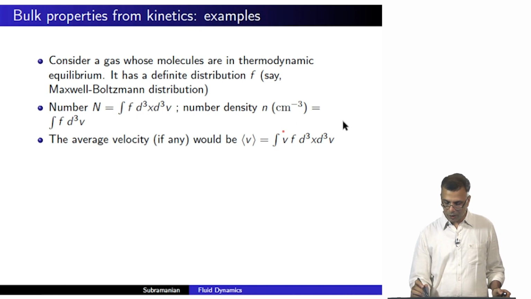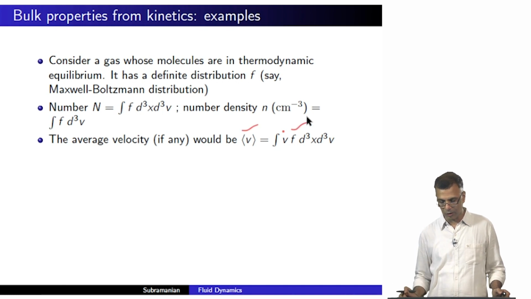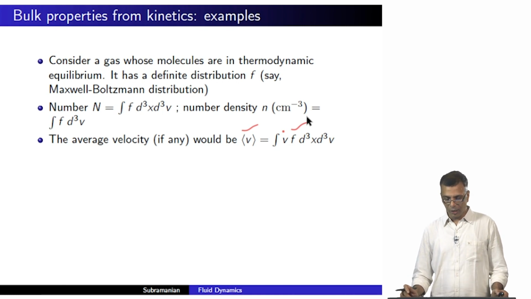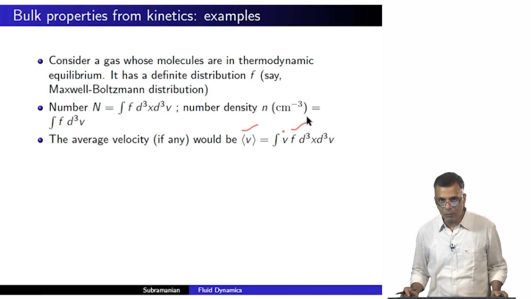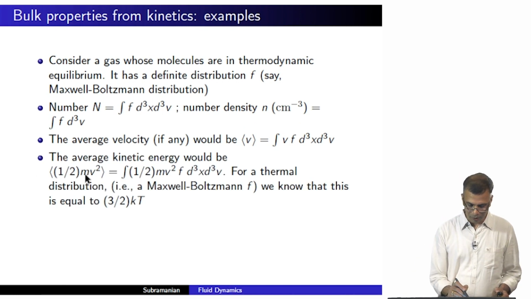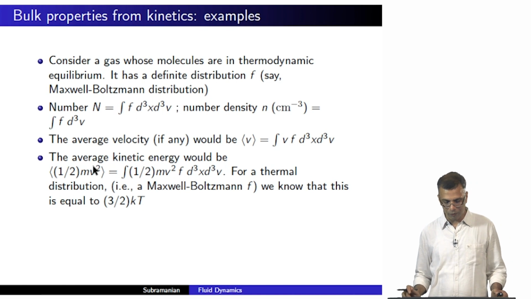The point I'm trying to make here is this is how you derive a macroscopic quantity like the velocity from a microscopic quantity, which is the distribution function. This is the basic point I'm trying to make. Now, the average velocity is one thing, but something that you might be a little more familiar with would be, for instance, the average kinetic energy, the average of half mv squared.